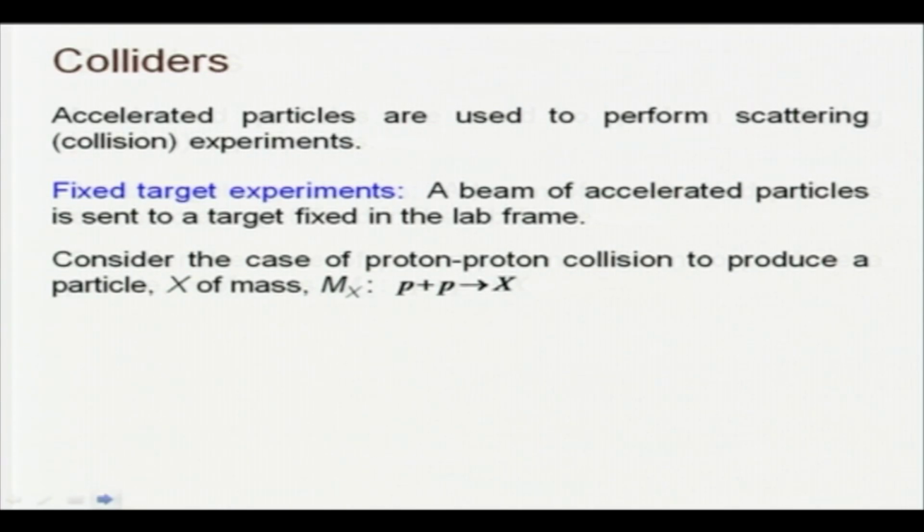Imagine that one beam of protons is accelerated to high energies, and there is condensed or high pressure hydrogen gas sitting somewhere in the lab, and you make the accelerated protons fall on this.